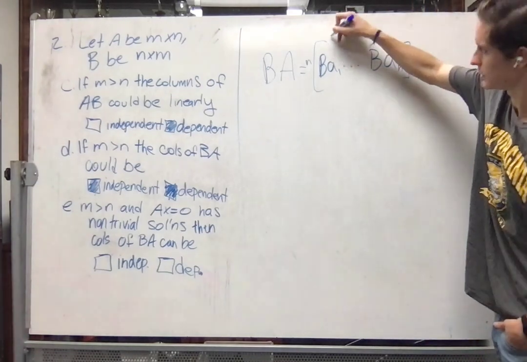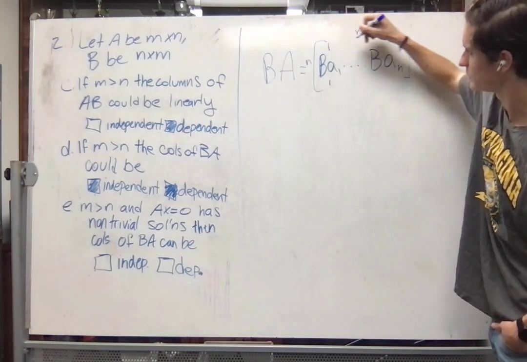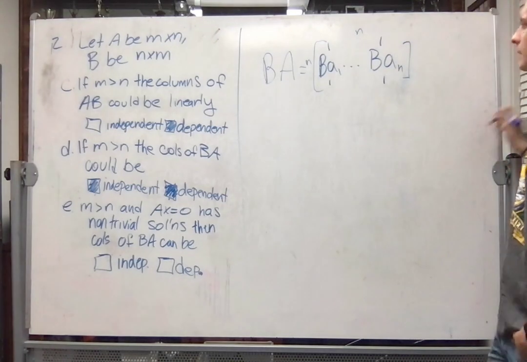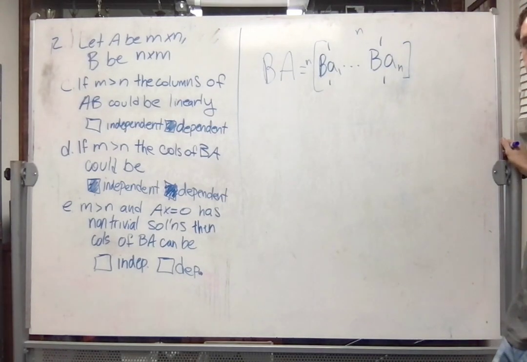So BA is just this matrix where each of the columns is B times one of the columns of A.